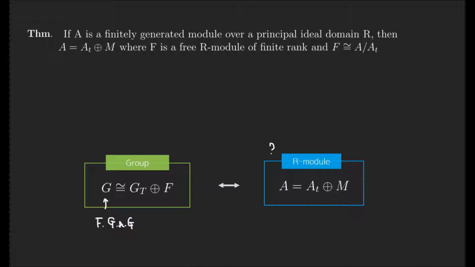The answer is a finitely generated module over a principal ideal domain. Again, this is important. Finitely generated module, abbreviated FGM, and R is clearly a principal ideal domain.